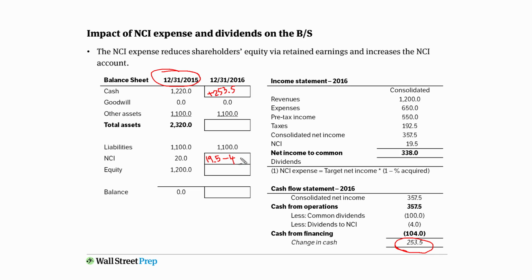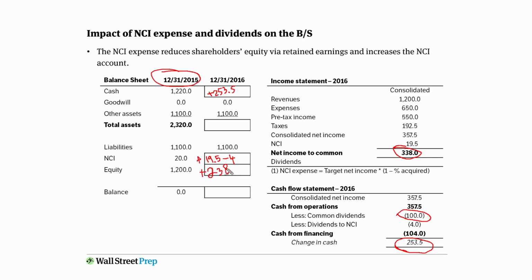So the net impact is a plus 15.5. And then equity went up by 338 minus 100 in common dividends, so 238. These were the debits and credits associated with this.